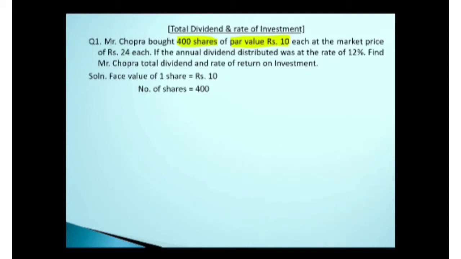All of you have taken this down? Let us go ahead. Before we write down the other data, what will be the total face value in this? What is going to be the total face value?